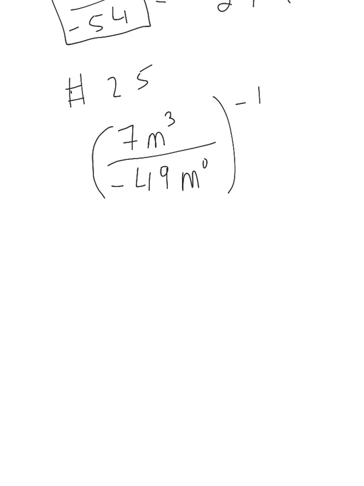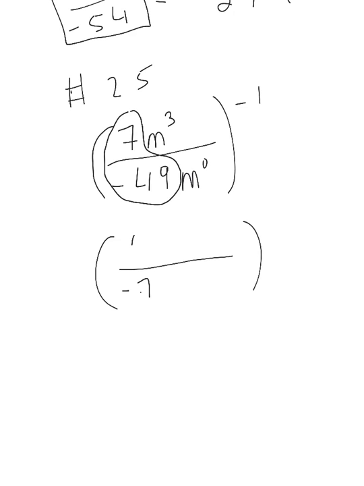I think the best way to approach this problem is to look at what's inside of parentheses first. 7 divided by negative 49 is technically 1 over negative 7. M to the 0 is equal to 1, so just ignore it. Anything times 1 is the same thing. And m to the third stays m to the third.